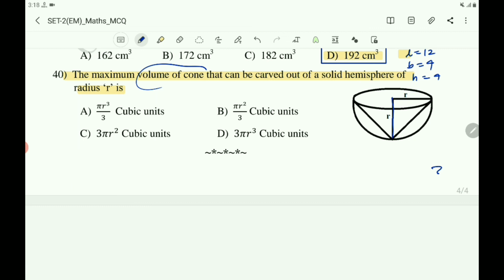Height and radius of the cone are equal to R.